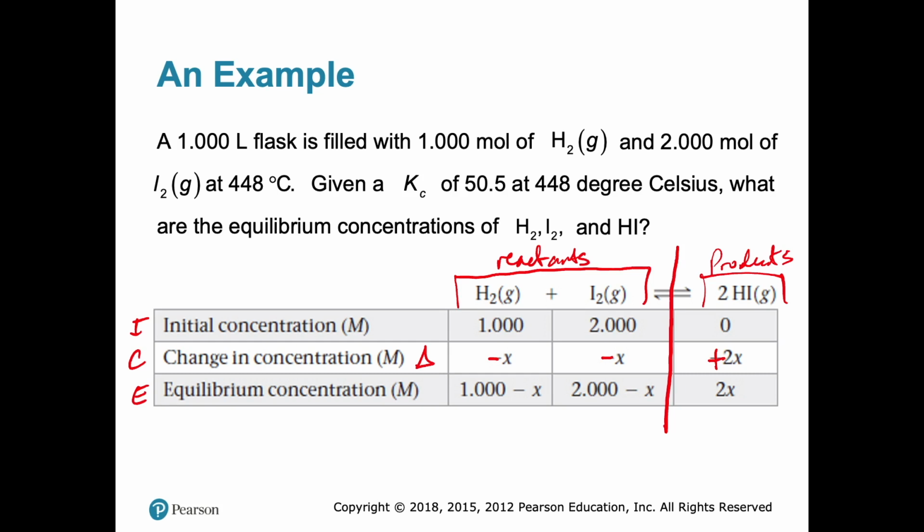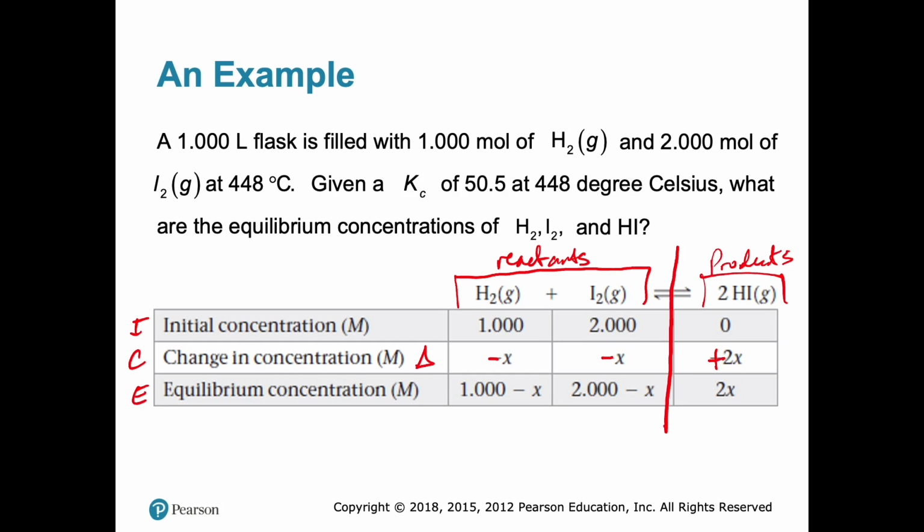So it's minus X. But since it's 2 moles of hydrogen iodide for every mole of iodine and hydrogen, it's plus 2X here. It makes sense because if you're losing X here and you're losing X here, you have to gain on the other side. That's why it's a plus, but the reason it's 2X is because there are 2 moles of hydrogen iodide.